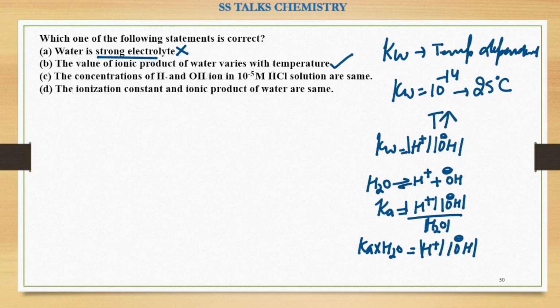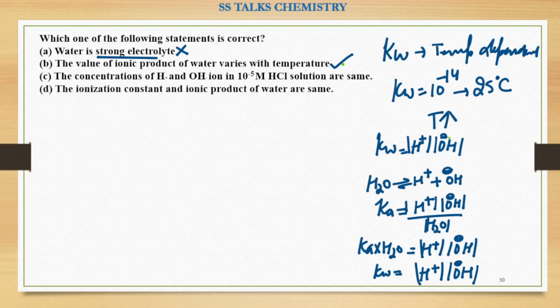This Ka into the water is nothing but your Kw, which is the product of this H positive and this OH negative. So as you increase the temperature, more water is going to undergo dissociation, so the Kw value is going to increase. That means the ionic product of water varies with temperature. So this statement is the true one.